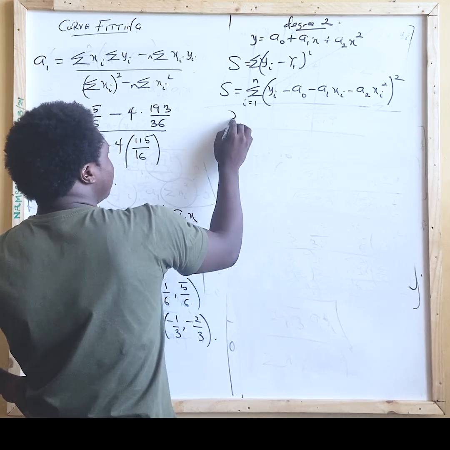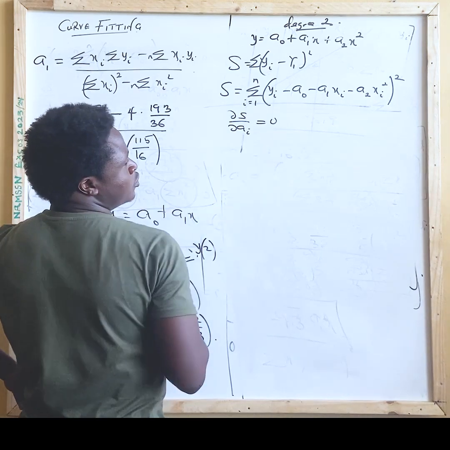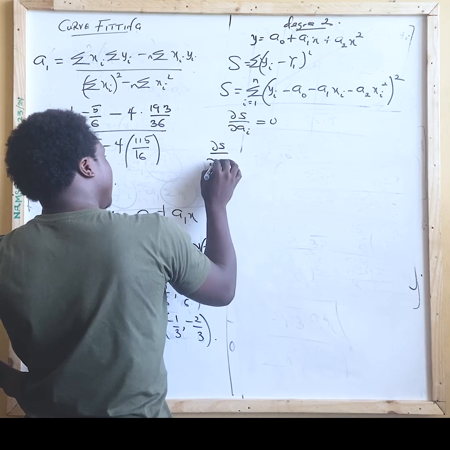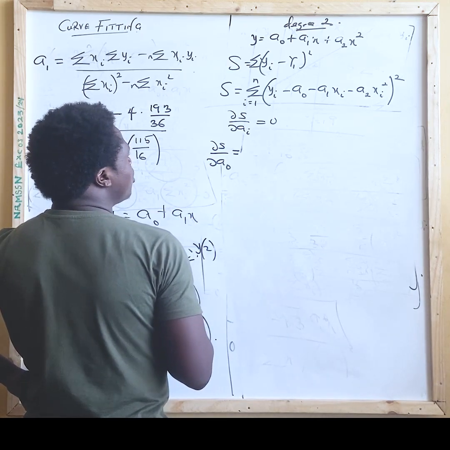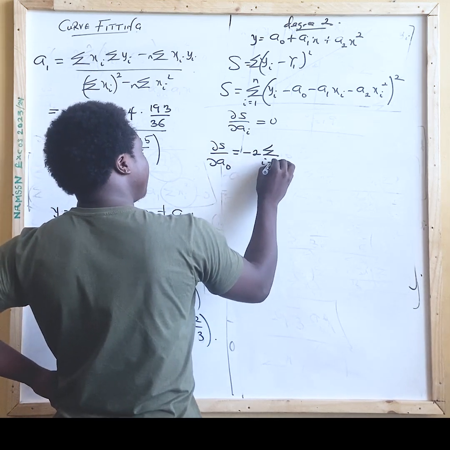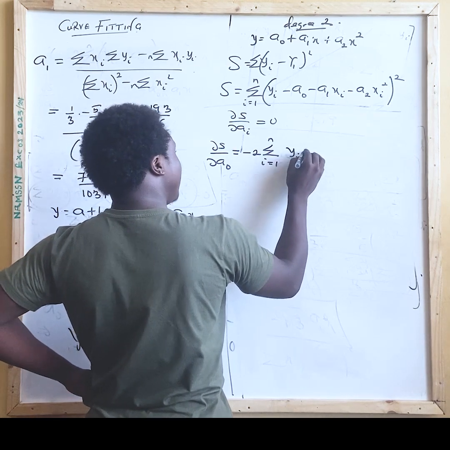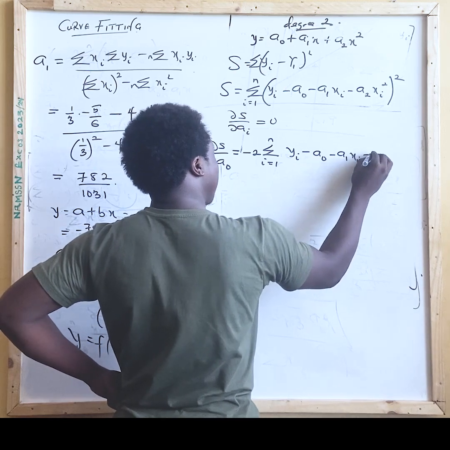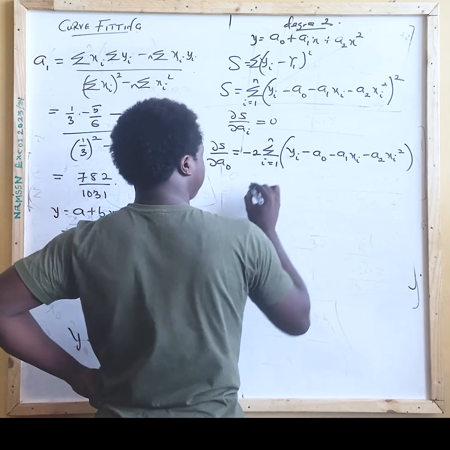So again here we want to minimize this. To minimize it, I set the derivative with respect to each ai to be 0. Starting with a0, we have the derivative with respect to a0 equal to minus 2 summation i from 1 to n of (yi minus a0 minus a1 xi minus a2 xi squared).